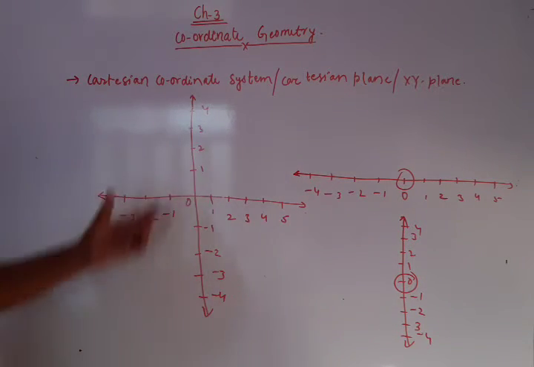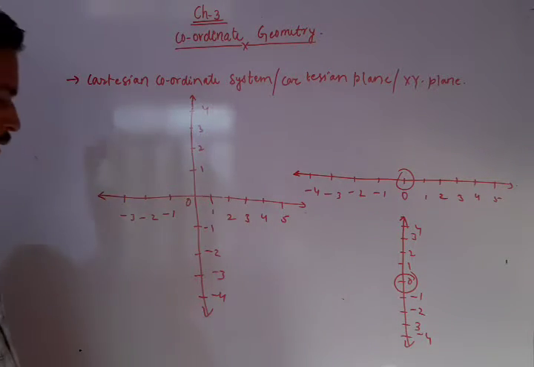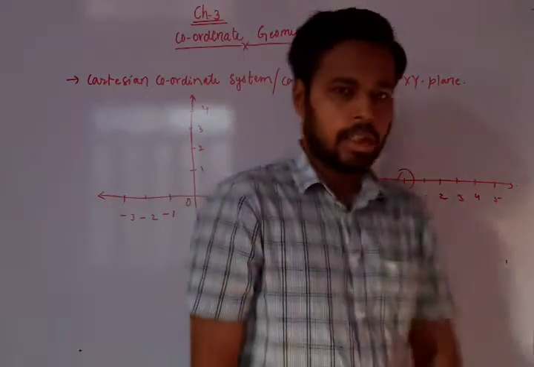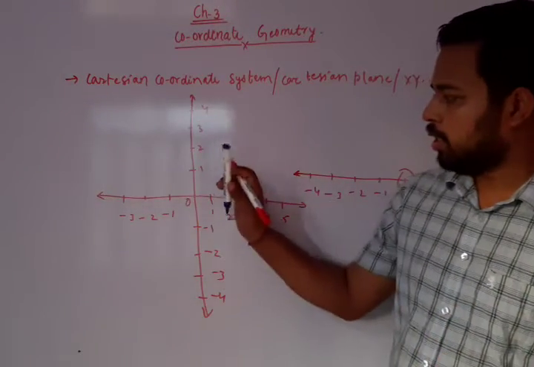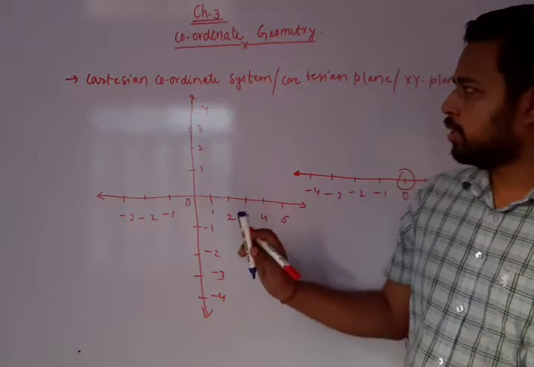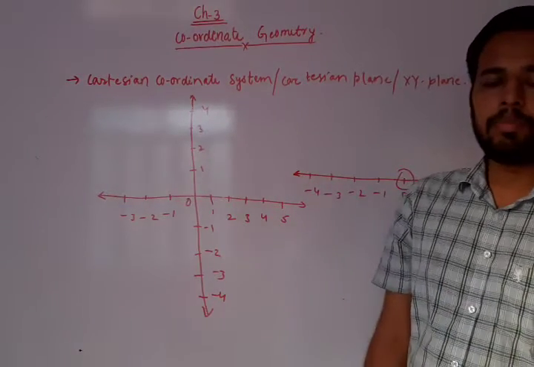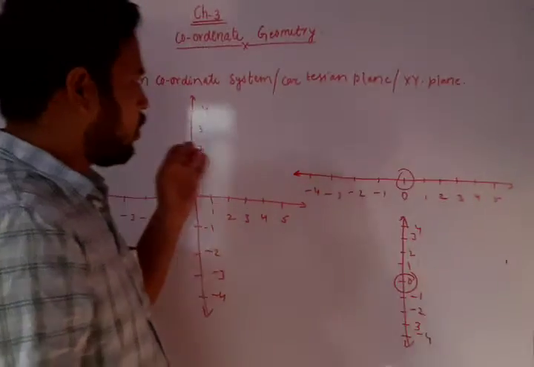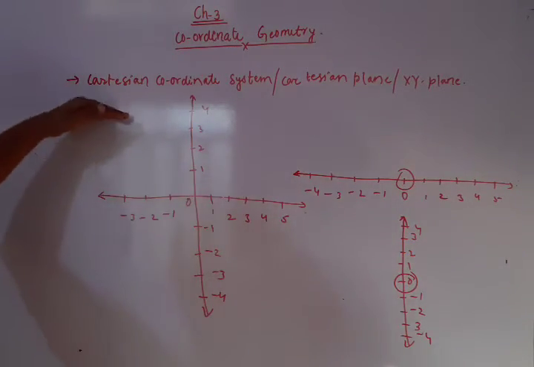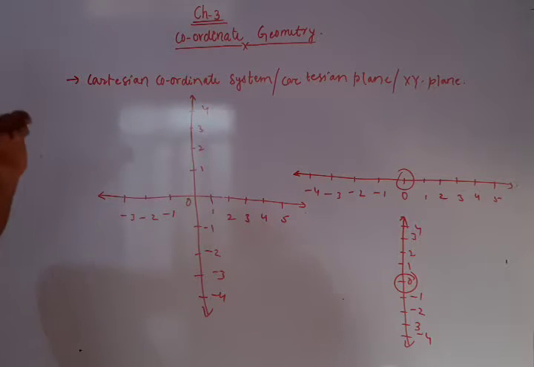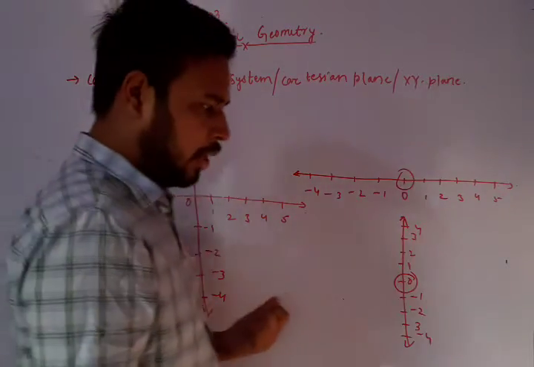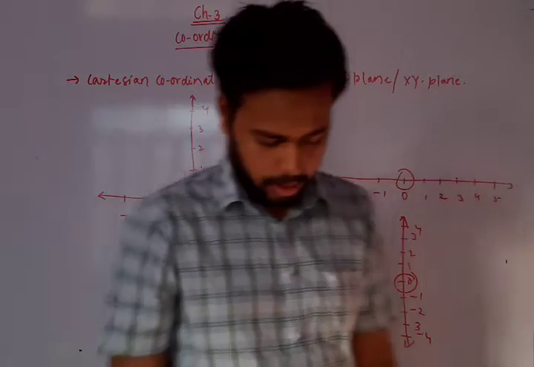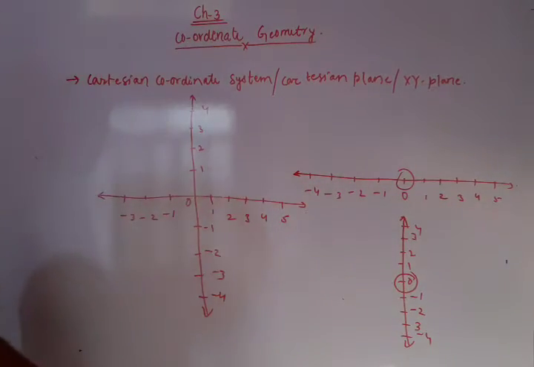So here we have two mutually perpendicular lines. This system is known as the Cartesian coordinate system. We can say the Cartesian plane or xy plane. All three are different by name, but originally they are the same. Now here we have two lines, one horizontal and one vertical.